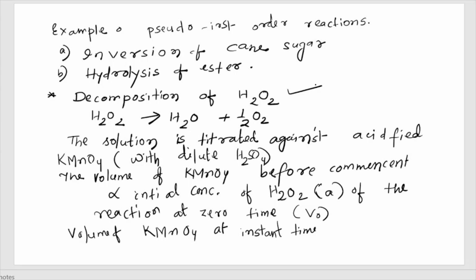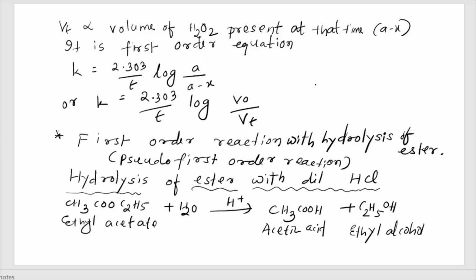Then the volume at 0 time is V0, which is proportional to the initial concentration A. The volume of KMnO4 at an instant, particular time is Vt. Vt is proportional to the hydrogen peroxide present at that time, that is A minus X.